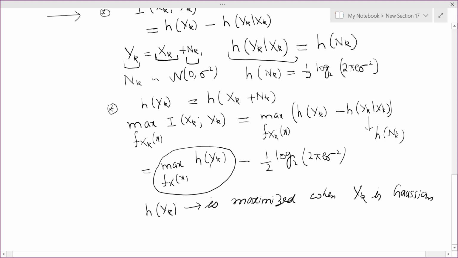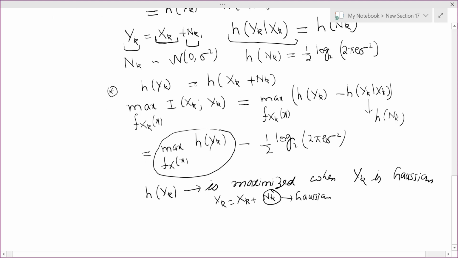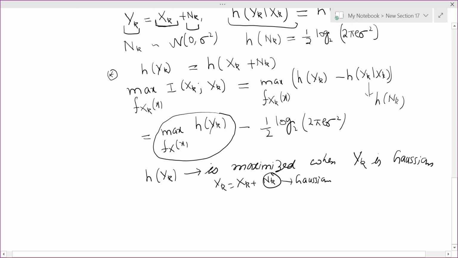Now yk is equal to xk plus nk. So nk is Gaussian. For maximizing h of yk, we need yk to be Gaussian. Nk is Gaussian. The only way yk will be Gaussian is if xk is also Gaussian.